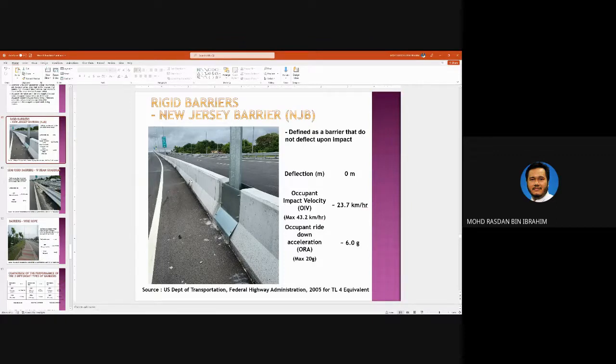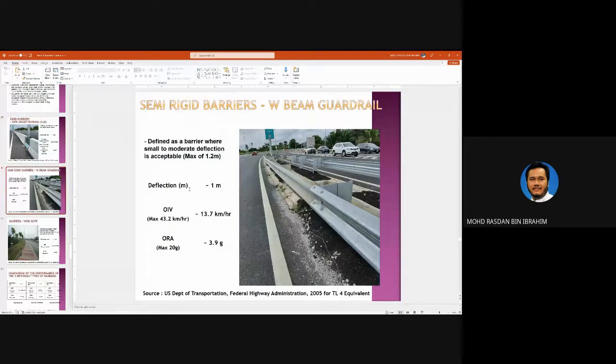If the distance is adequate, then you can use semi-rigid barriers, W-beam guardrail. In this case here, this is actually the ending of a ramp, so they do not put a concrete barrier, although the distance is small.